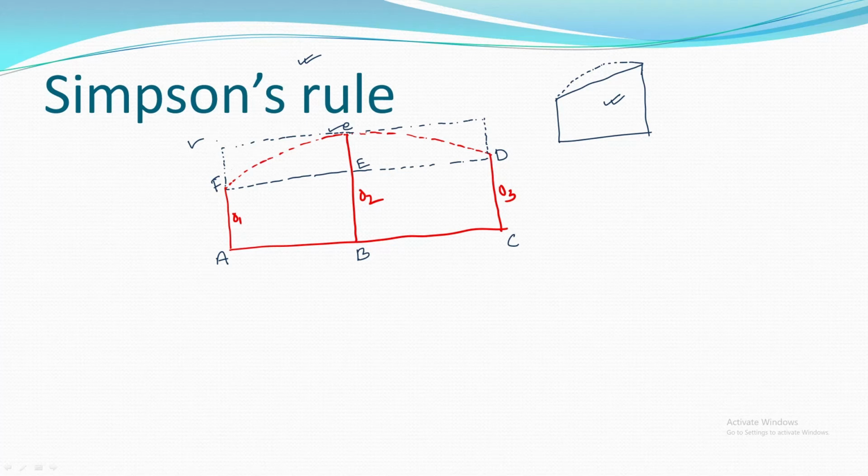So if we divide the total area into 2 parts, the first part will be AFDC, this is the trapezium, plus the segment FEDEF.